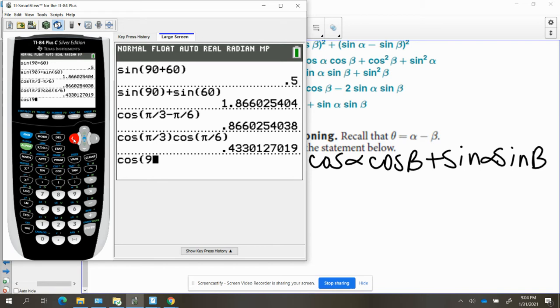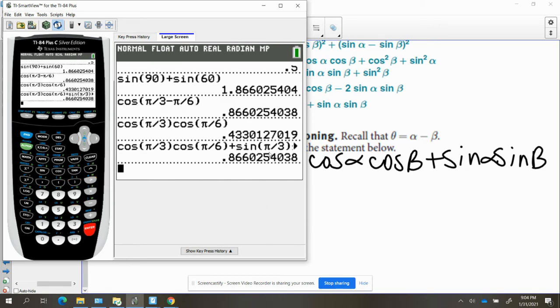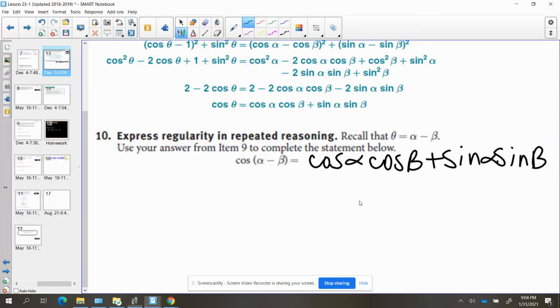We'll do cosine of pi over 3 times the cosine of pi over 6 plus the sine of pi over 3 times the sine of pi over 6 would give us the same value as what cosine of pi over 3 minus pi over 6 was, right? So we do actually get that equality that we were looking for before. Okay, so from this piece to this piece.